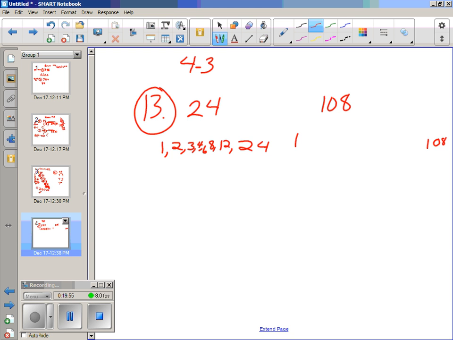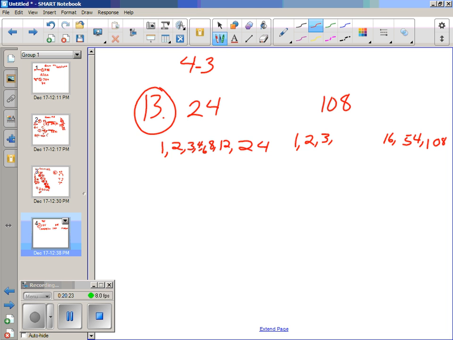108. We know it's even, so it'd be 2 and 54. Excuse me. Guess what? I know that 3 goes into it. 3 and, let's see, that's going to be 16. 4 will go into it, right?